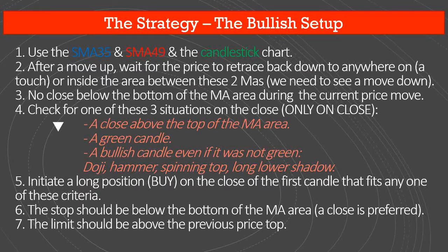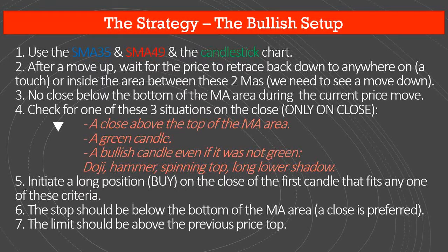So, my own moving average strategy. How do I use it? First of all, I use the simple moving average, SMA 35, and the simple moving average 49, and I have colored them on this slide just as I colored them on my chart. I'm sure you have seen a moving average that is blue and a moving average that is red on all of my charts.